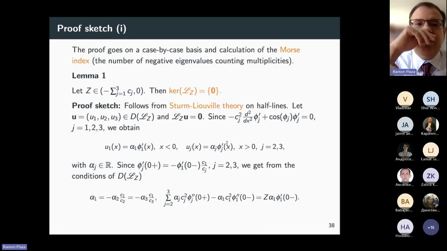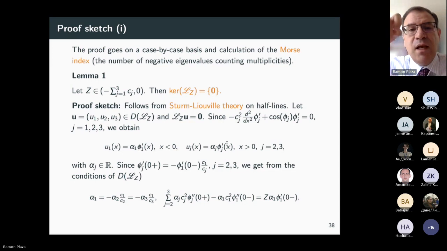So how does the proof go? Well, you have to go on a case-by-case basis, and it's based on calculation of the Morse index of the operator. So we apply the criterion to the operator L, and this is enough to conclude instability because of the criterion.